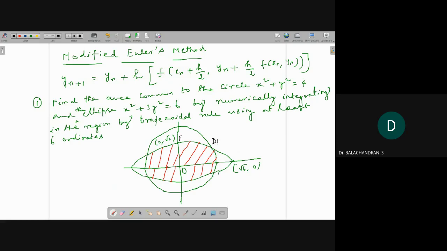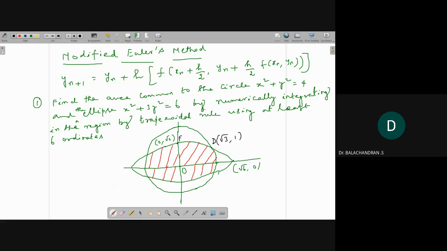I need D, which lies in the first quadrant, so the x value and y value should be positive. Root 3, comma 1. Yes, root 3, comma 1. I think you just substituted and told the answer. Anyway, this is the correct answer.